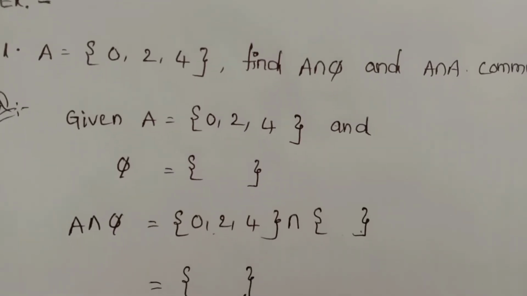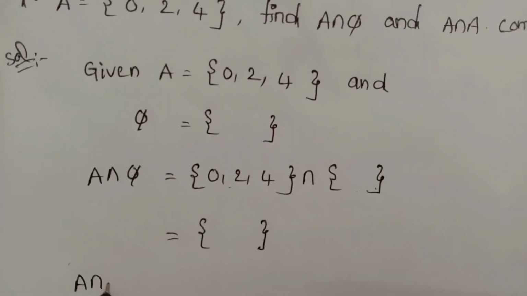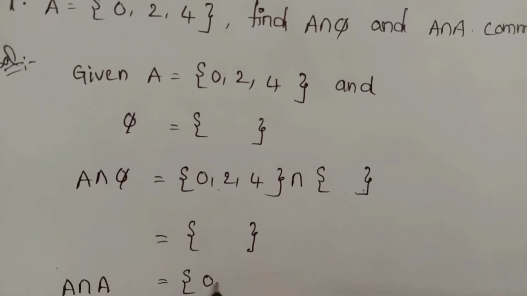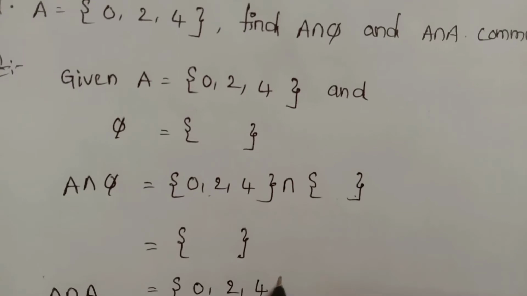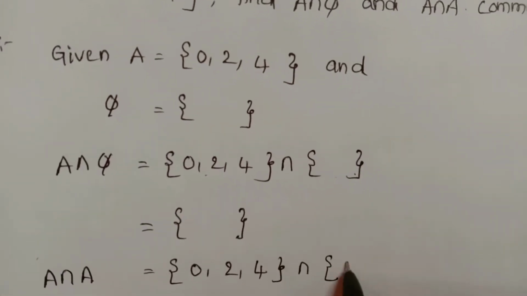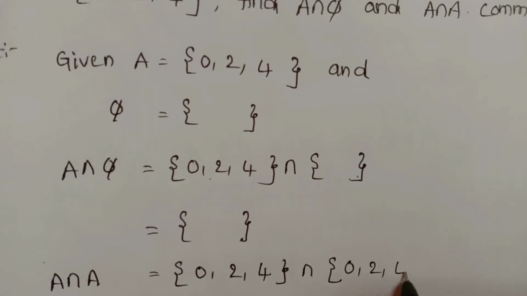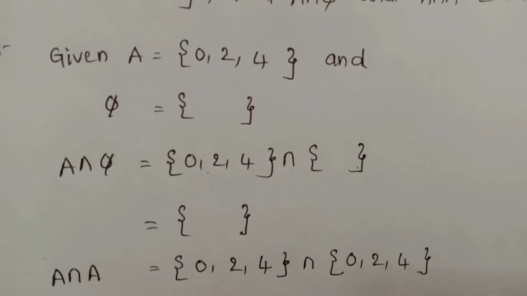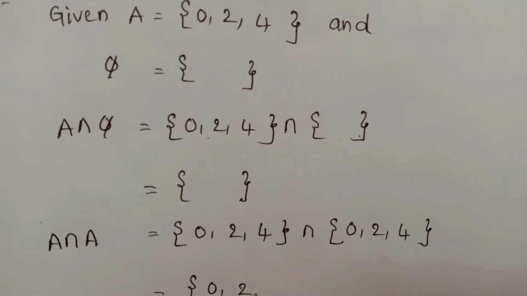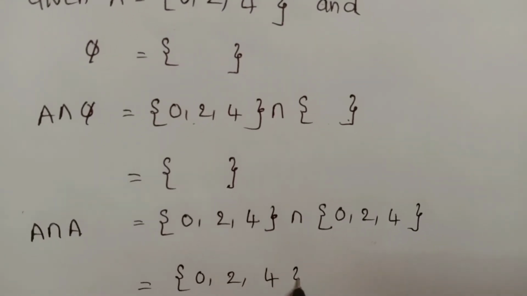Next one is A intersection A. The set A is {0, 2, 4} intersection A {0, 2, 4}, that is equal to {0, 2, 4}, the common elements.